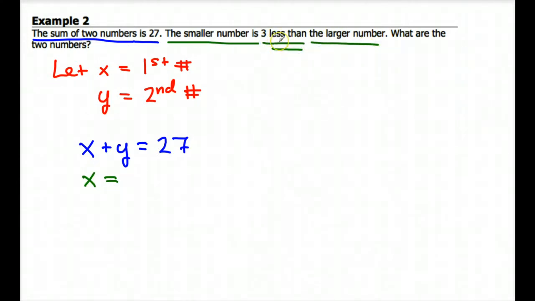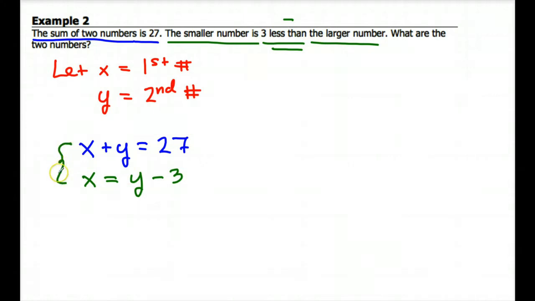Whenever you see the phrase less than, that means subtract, but it means subtract the first quantity from the second quantity. So we take the larger number, y, and subtract 3 from it. It doesn't mean 3 minus y, it means y minus 3. So these are my two equations.